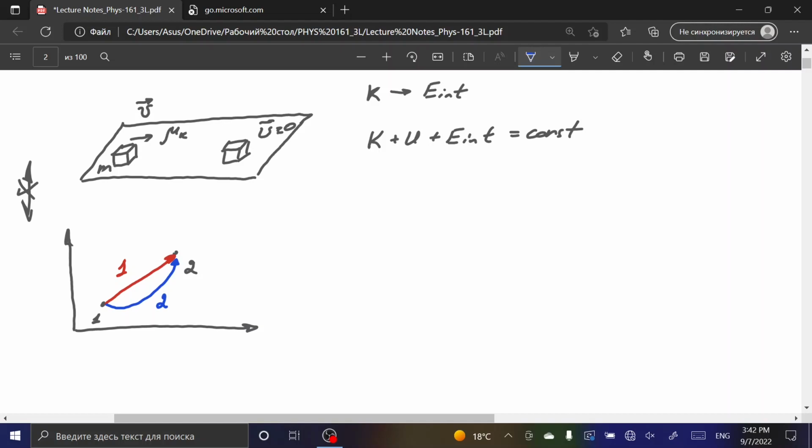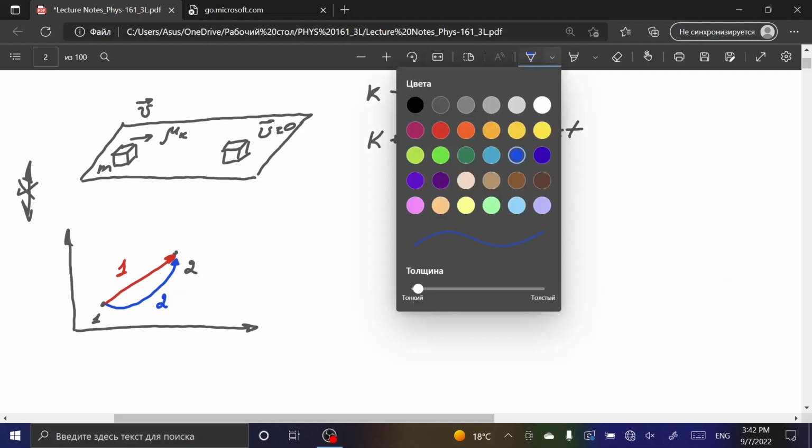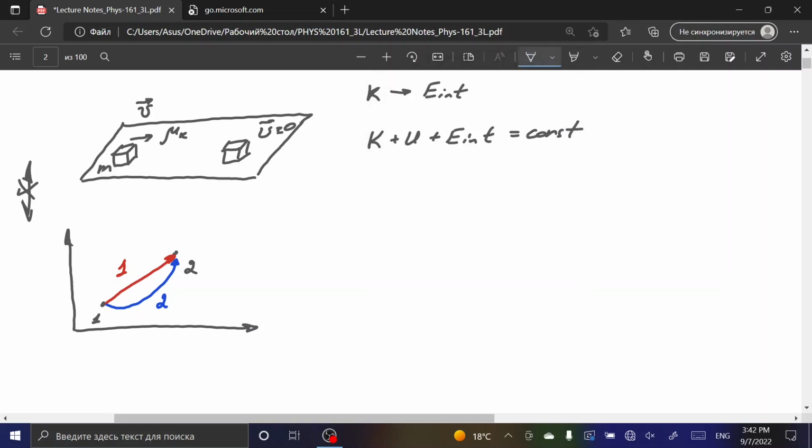So if for this given system the work done to move this body from position 1 to position 2 will be independent of the path, so work done during path 1 will be equal to the same work done by the system along path 2, then this force can be considered as conservative.